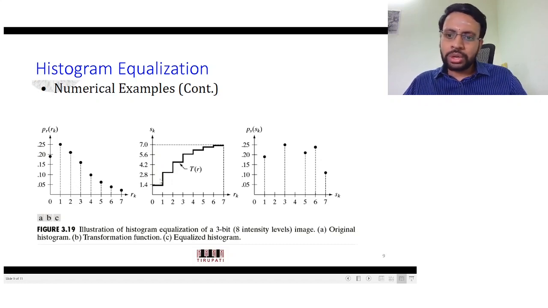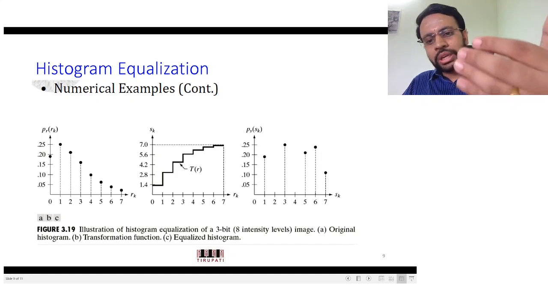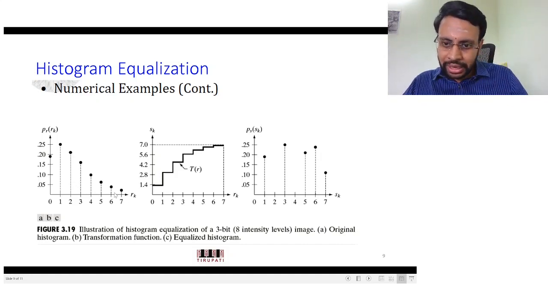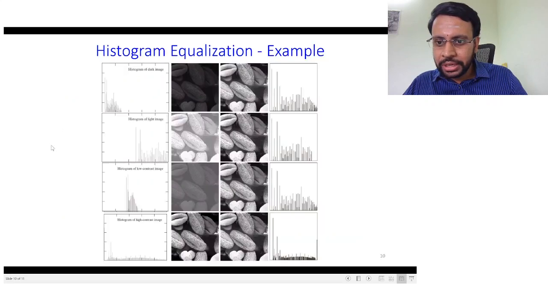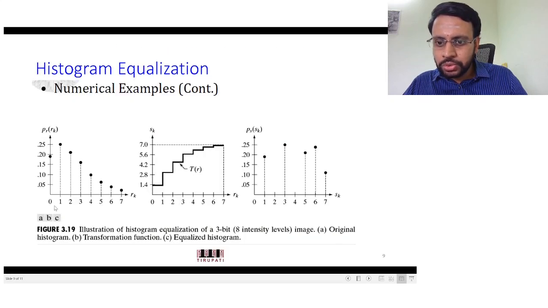Now you approximate it to the nearest integer. Suppose 0 is getting mapped to 1, and now there is no 2 here. The next, 1, is getting mapped to 3. So whichever you have here, around 0.25 for 1, would now come to 3.